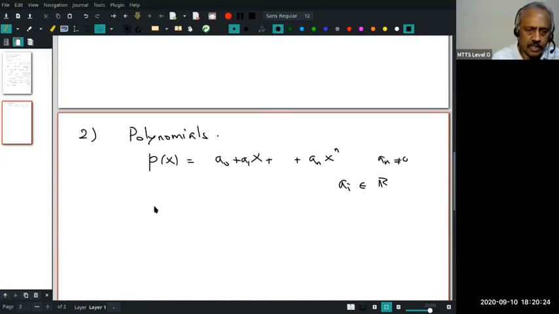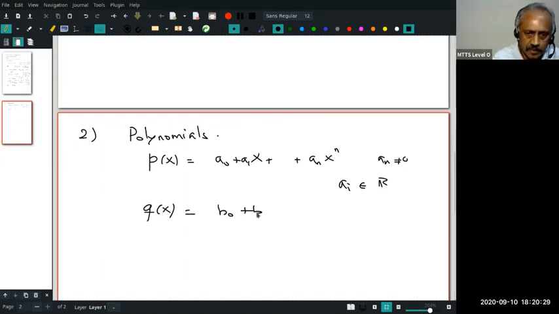Then I hope all of you know what is meant by addition. Suppose this is b0 plus b1x plus ... plus bm x^m.